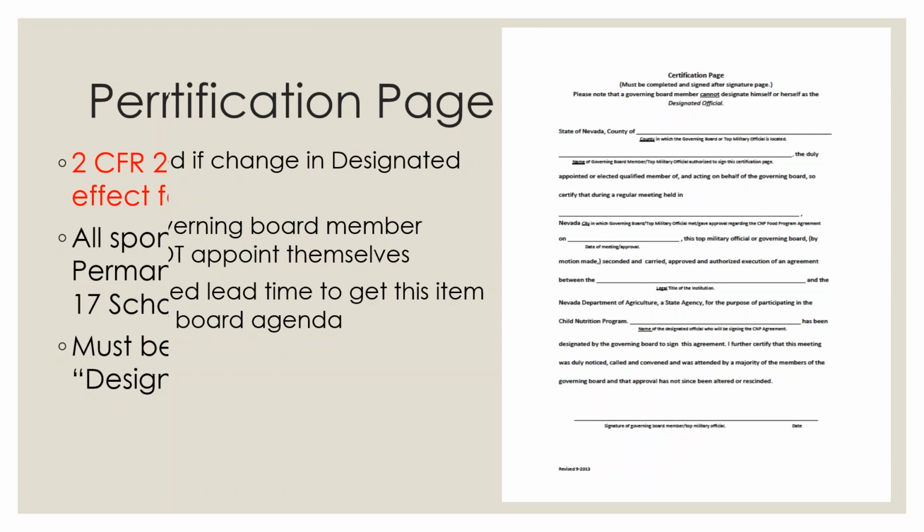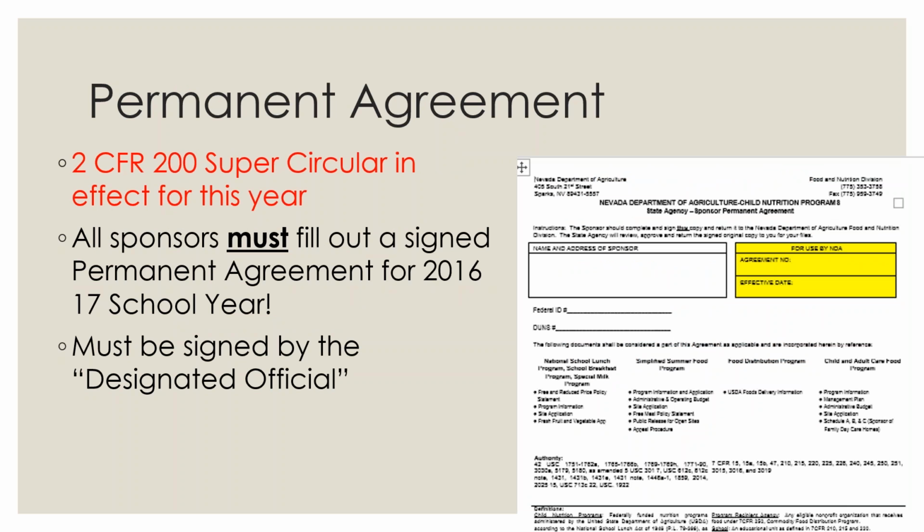So new for 2016-17 is we will be getting a new permanent agreement in place for all sponsors. So in effect this year are some new regulation changes to CFR 200, more commonly known as the Super Circular.